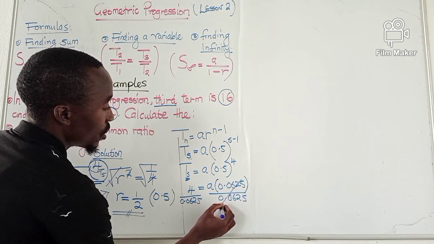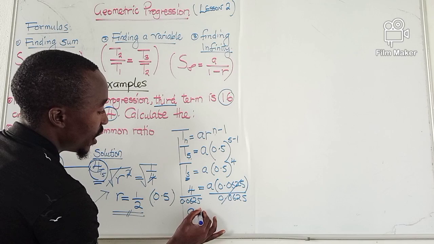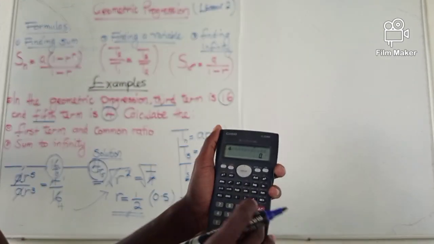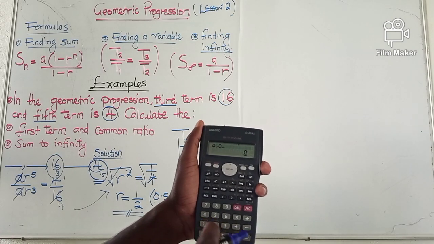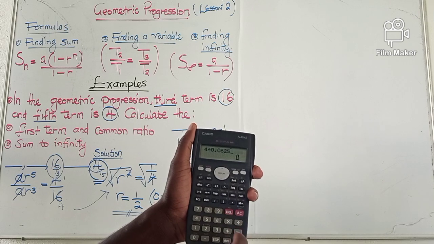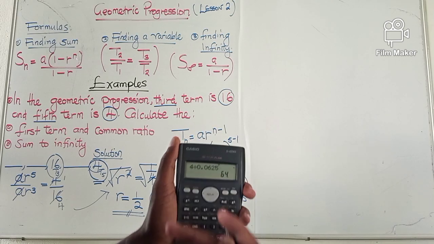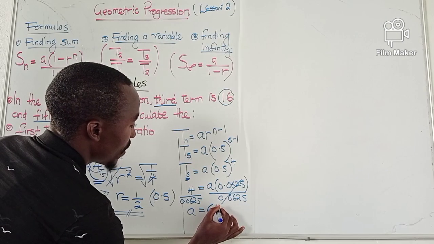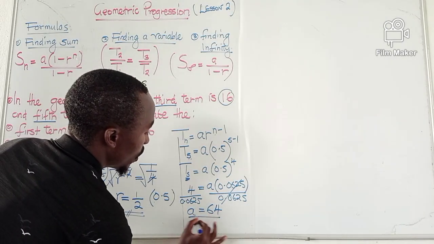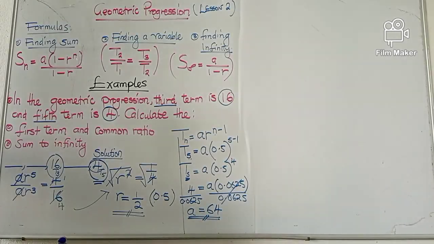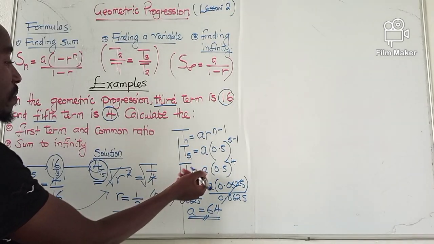So this will cancel. Here we have A equal to 4 divided by 0.0625. What is it giving us? It is giving us 64. Hope you're able to see. So our first term is 64. So that is how you find the common ratio and also the first term.